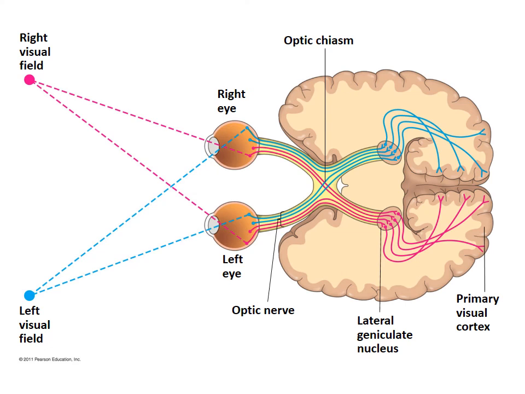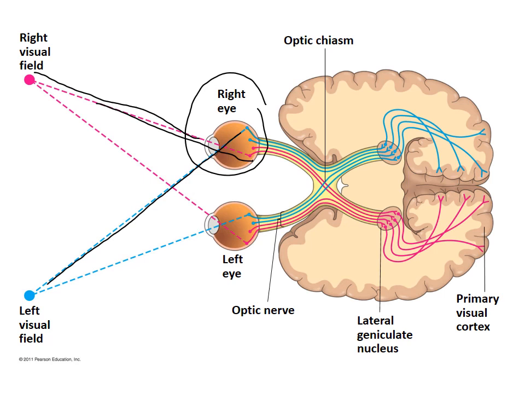So what we have is an image here, and our right eye actually can see the right visual field. It goes all the way here, but it also looks at the left visual field. And that information is transmitted here. And if you follow the blue line of the left visual field, you'll see that there are two of them. One of them goes straight to the lateral geniculate nuclei, and the other one for the left visual field also goes there.